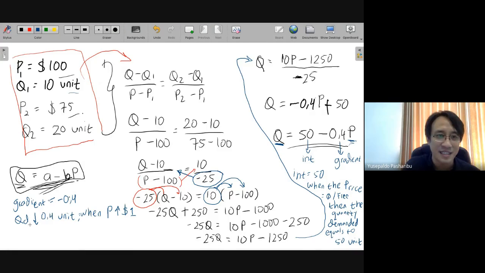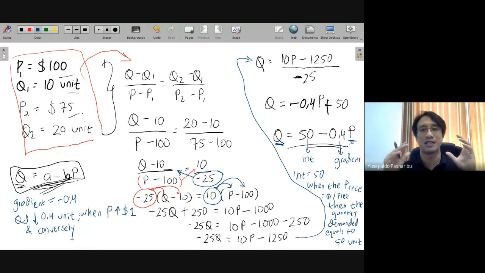And conversely, this is how you interpret the quantity and price, especially about intercept and gradient interpretation.